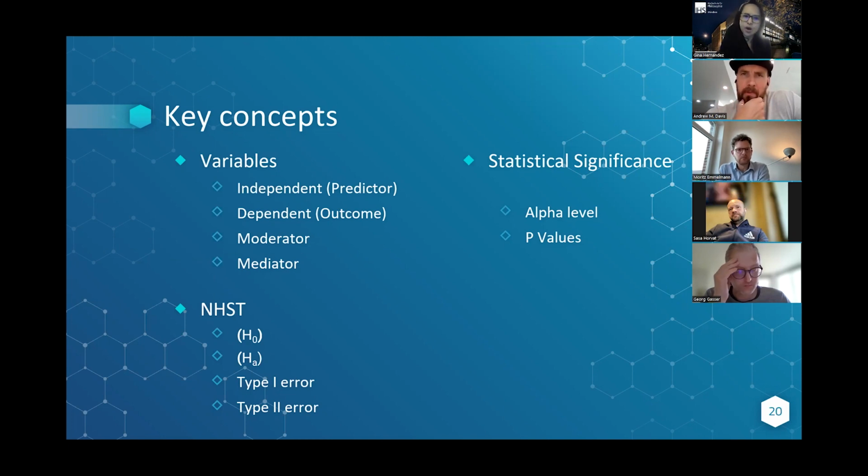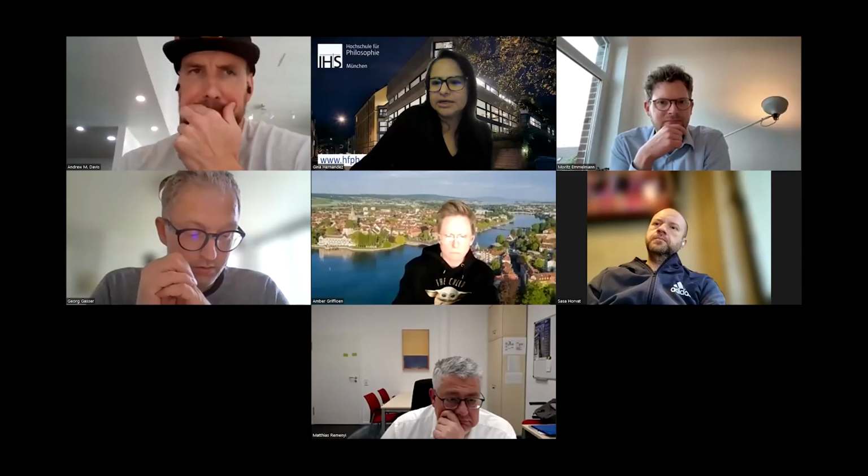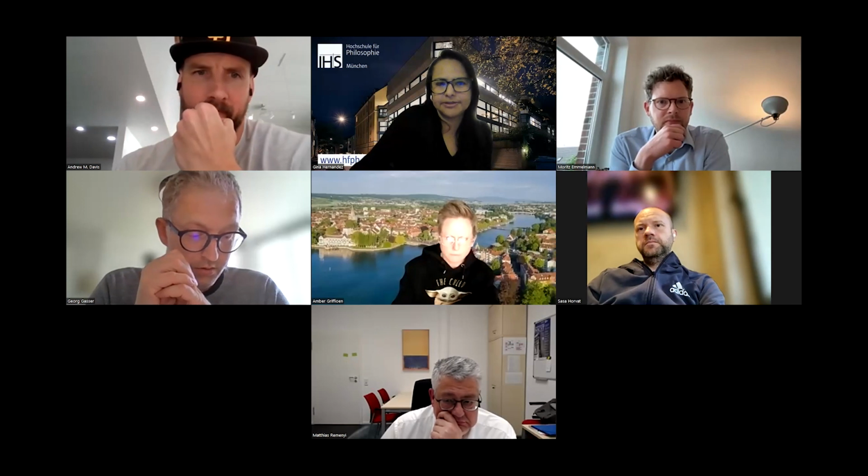Now you should know the difference between an independent variable, a dependent variable, a moderator variable, a mediator variable, a null hypothesis, an alternative hypothesis, a type 1 error, a type 2 error, what is statistical significance, what are alpha levels, and what are p-values. So I wanted to leave you with this screen before going into discussion, because if something is not clear, we can discuss a little bit more about it.